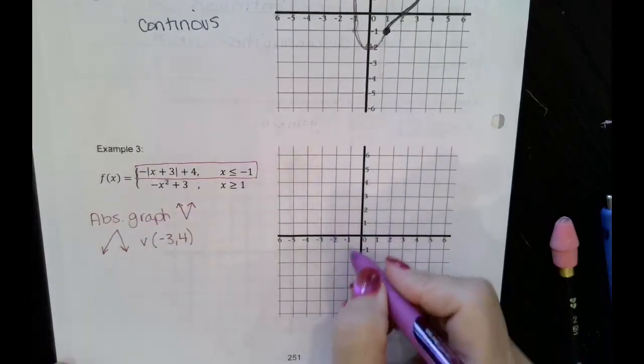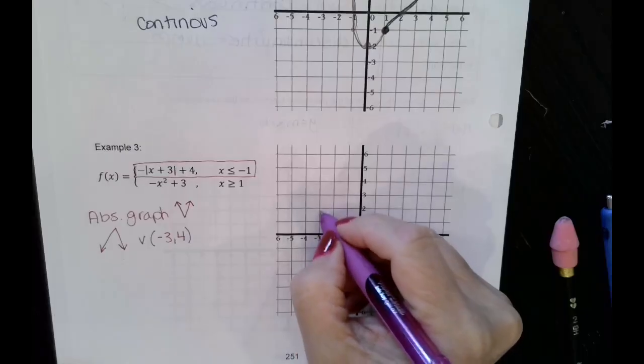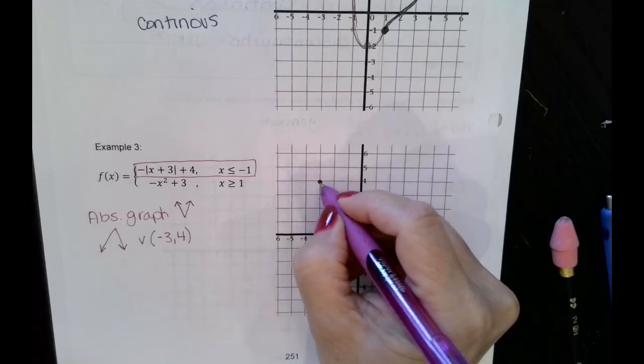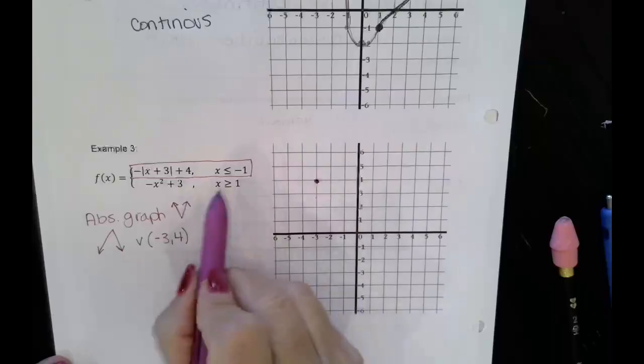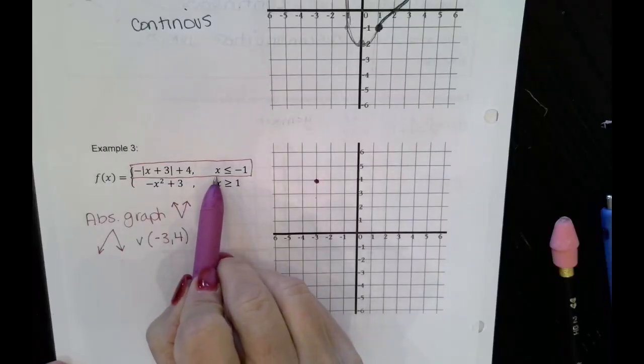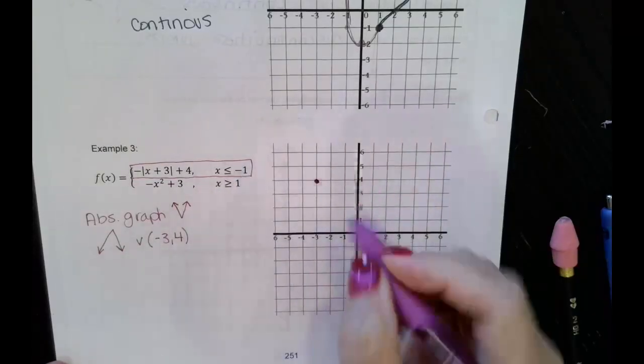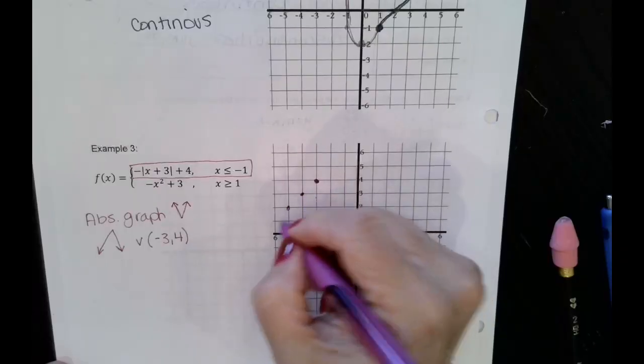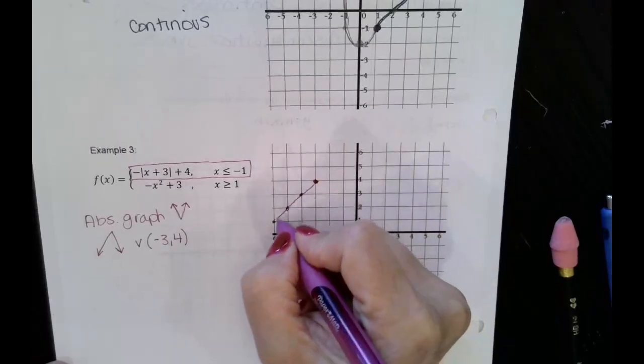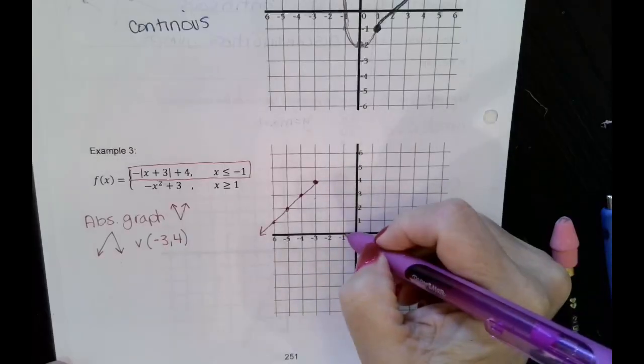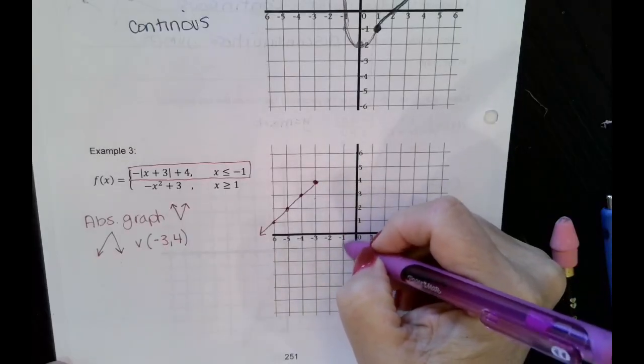Okay, so if I go over here to negative 3, 4, 1, 2, 3, 4, this is where my graph is going to start. And I'm going to say, okay, my graph is going to end at negative 1. So going this direction, this part of my graph is going to stay, but here I'm going to stop when x equals negative 1.